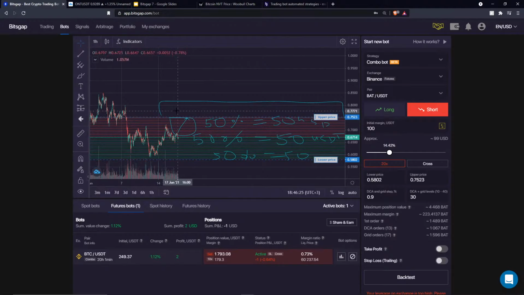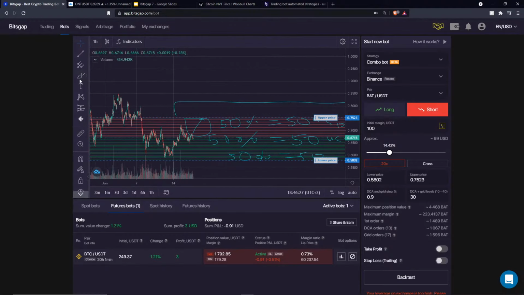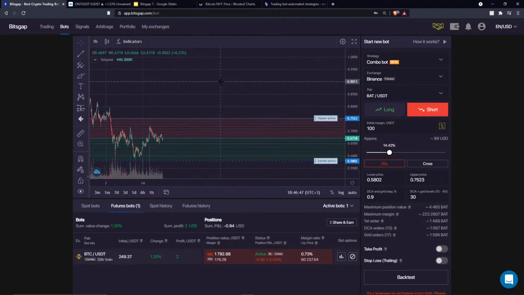And if it breaches it, you will see new short sell orders emerge here, which also require around 50 USDT. So if you calculate this all together, 50 4 times, it's going to be $200. So in the worst market scenario, you can expect the bot to lose not $100 but $200 actually.